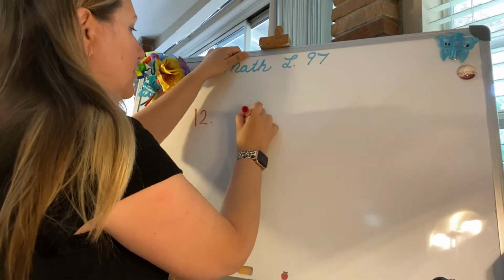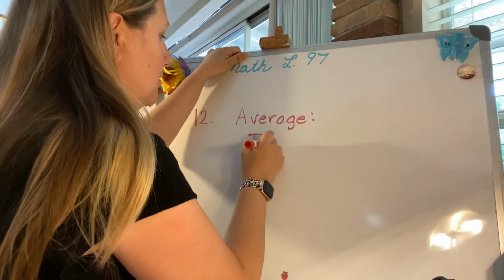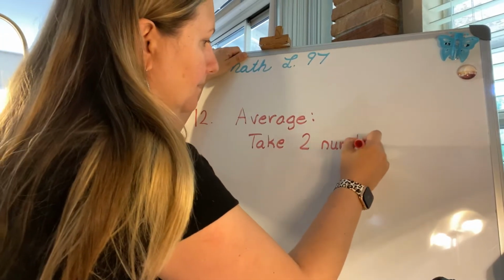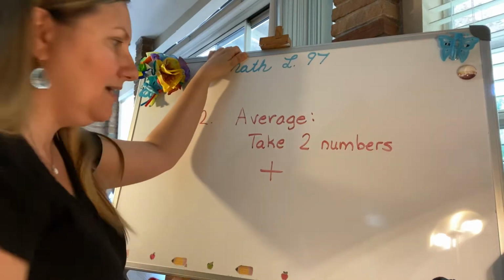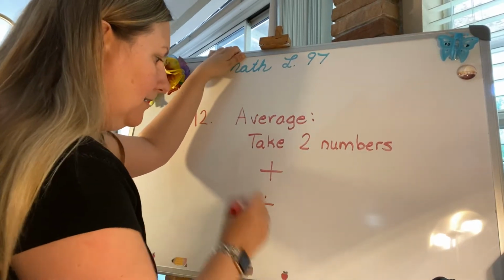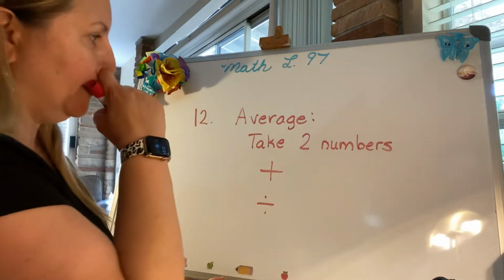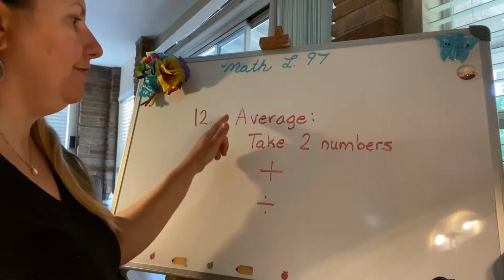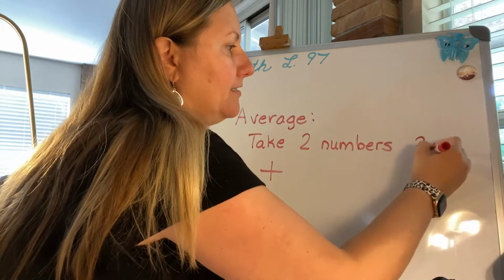So to find the average of something, you take two numbers, you add them together, and then you divide by how many numbers there were. So, for example, if you have two numbers, let's say your numbers are 3 plus 5.